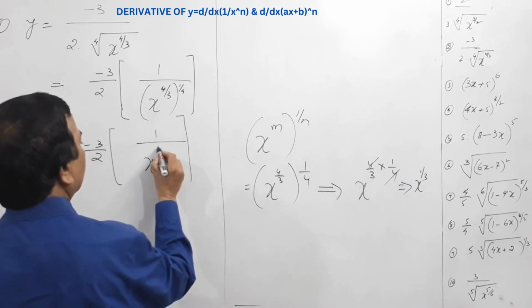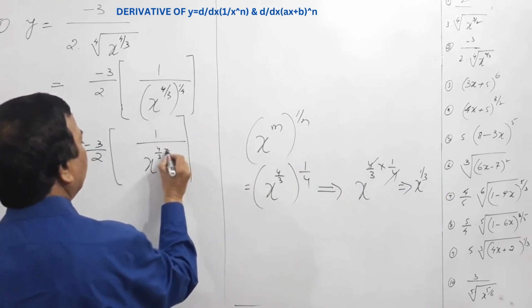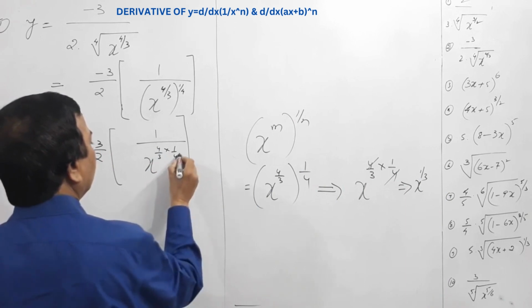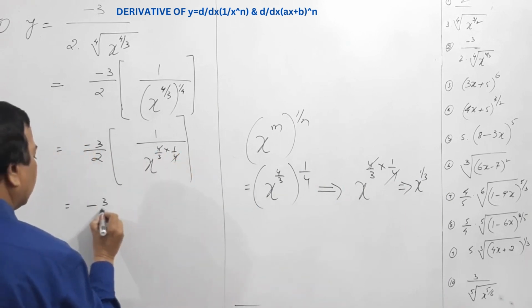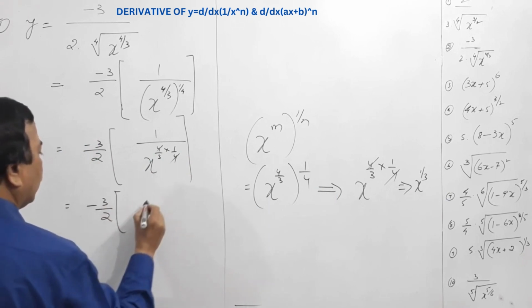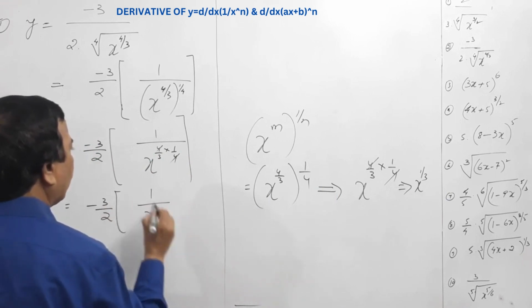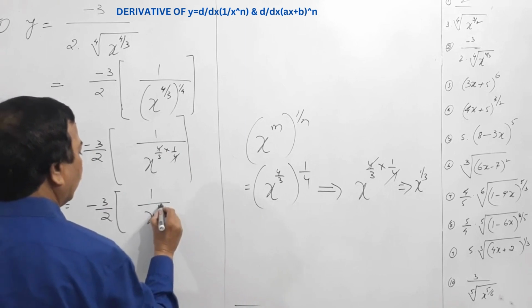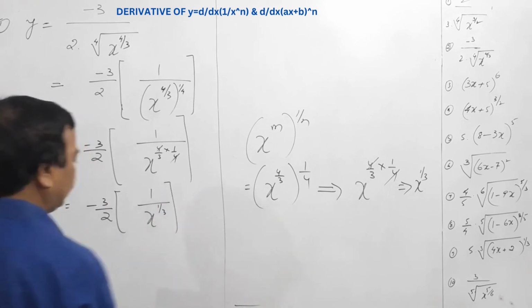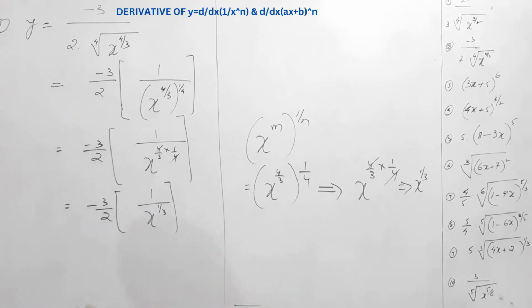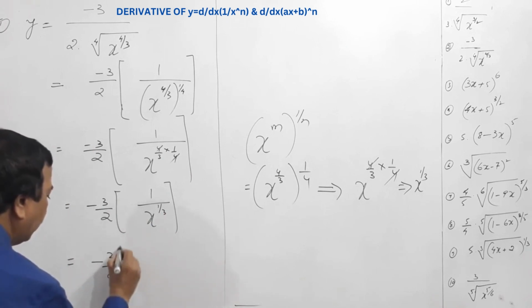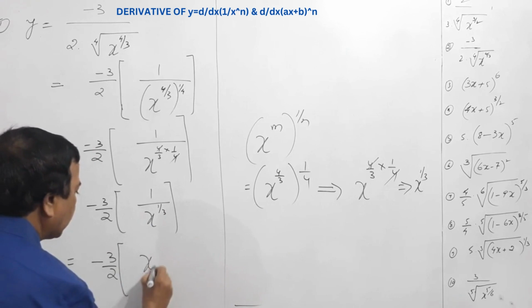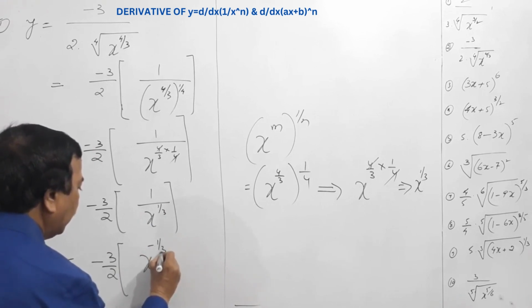So this is 4 by 3 into 1 by 4. 4 cancels. This becomes what? Minus 3 by 2 into 1 by x to the power of 1 by 3. So again, we can further simplify. This is minus 3 by 2 into x to the power of minus 1 by 3.